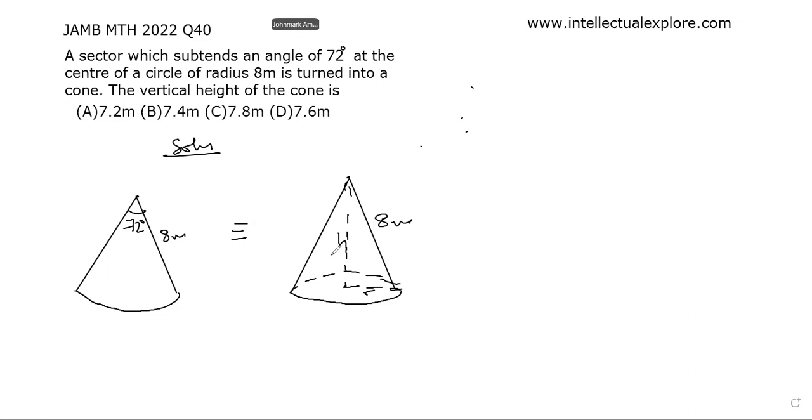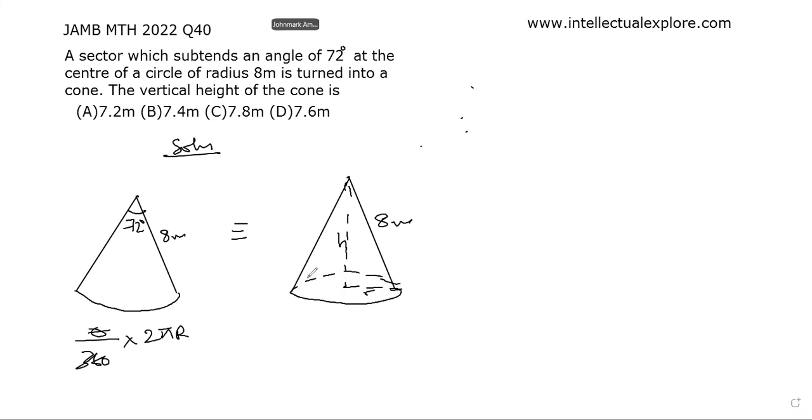Now, remember, for this sector here, this is an arc. The length of this arc is calculated as what? Theta over 360 times 2 pi R, this one. Then when you turn it into a cone, you have formed a circle beneath it.